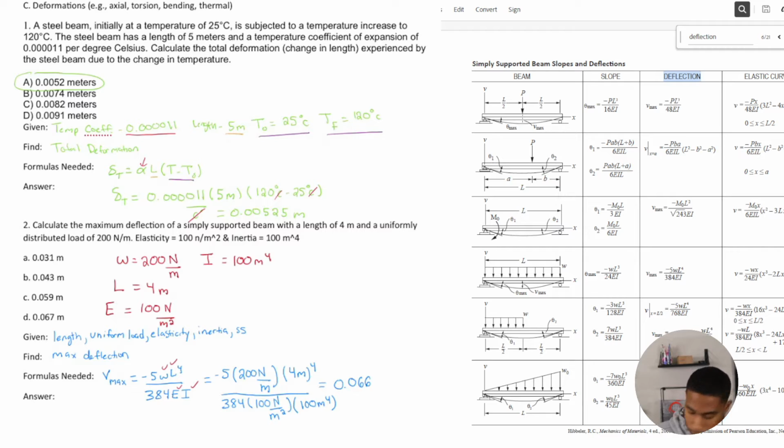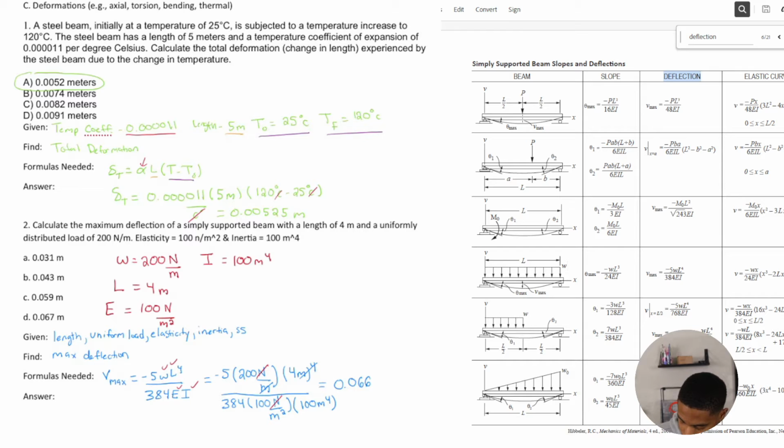0.066. What are my units? Well, when you get your units to cancel, your newtons definitely go ahead and cancel, right? So the only other unit is meters. And how do we know how many meters it's going to be? Well, we have up top, this is going to simplify to meters cubed.